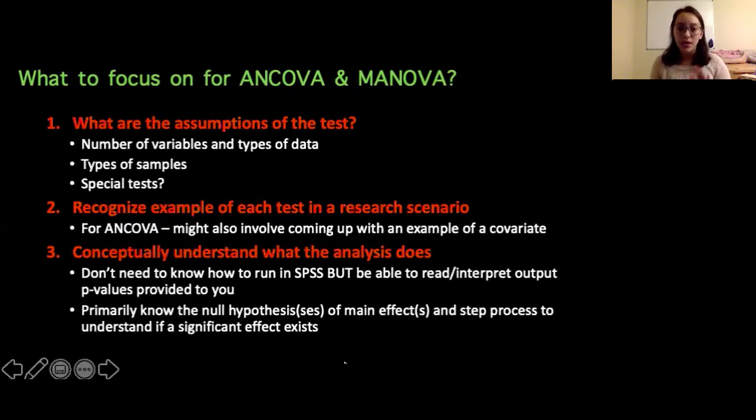So you'll still have to know how to read the outputs, and I put in some pictures in the slides today that'll hopefully help you when you're going through the activity. But these are the main points, which I feel are pretty much the same for all the tests that we've looked at so far. So it shouldn't be anything surprising.